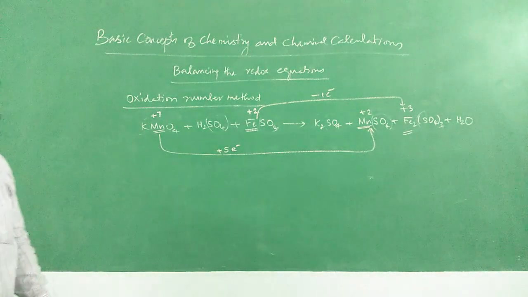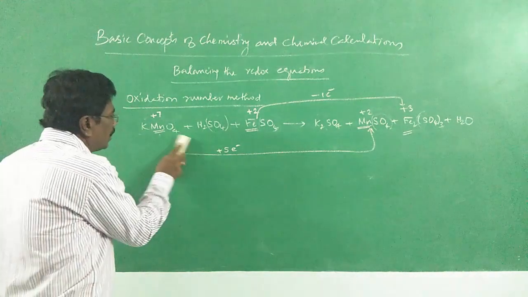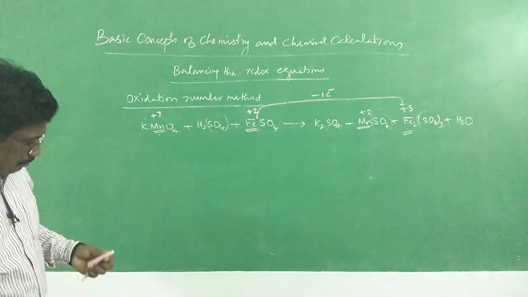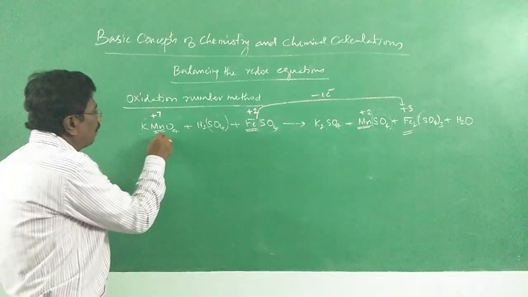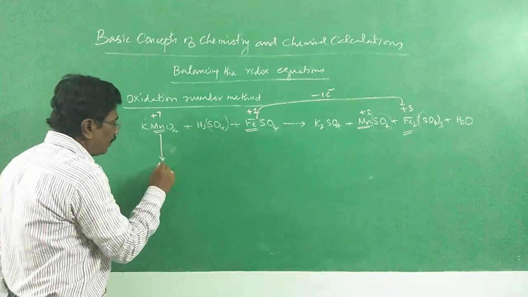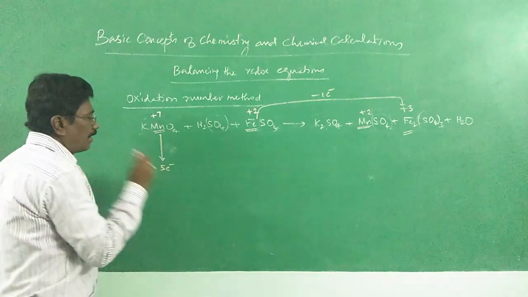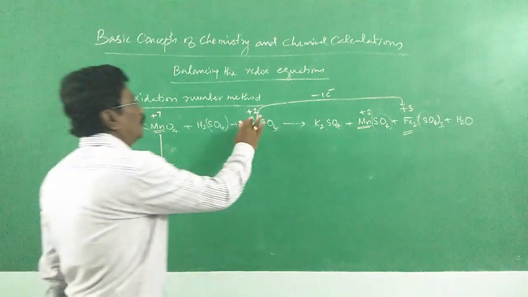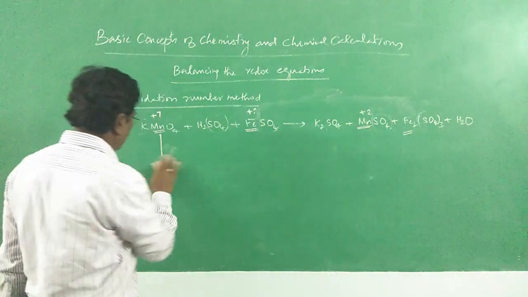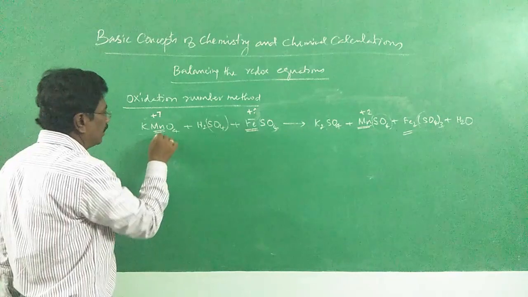Now, how to balance the equation? Let me write the same thing in a very simple way. 5 electrons are gained by manganese, 1 electron is lost by iron.